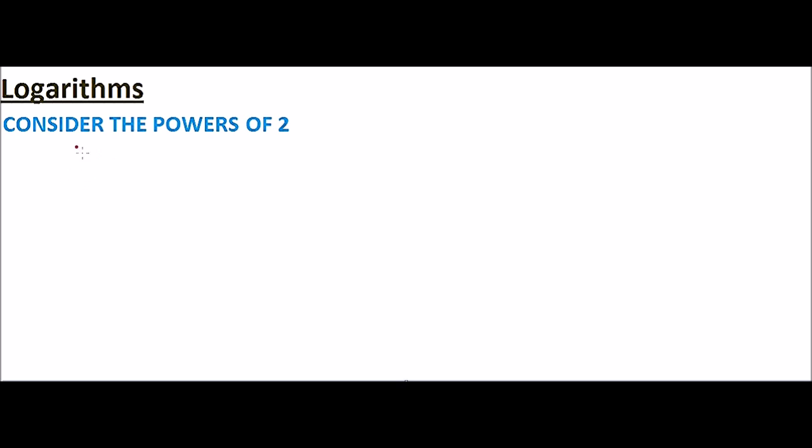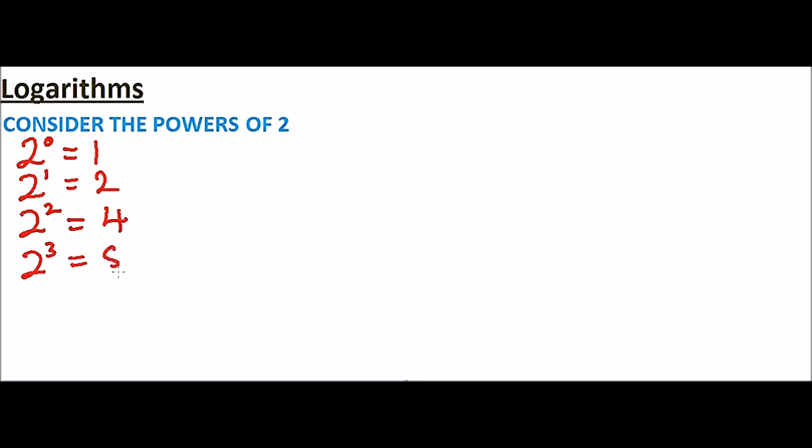Now consider the powers of 2. We can write 2 to power 0, we know it is equal to 1 from our previous lesson. 2 to power 1 is equal to 2. 2 squared is equal to 4. We have 2 cubed is equal to 8.